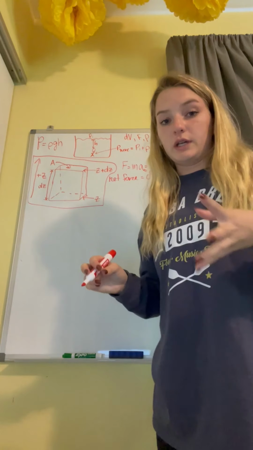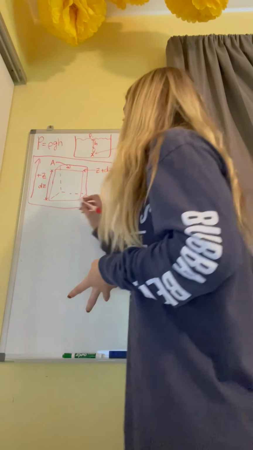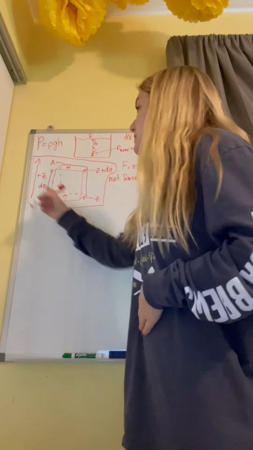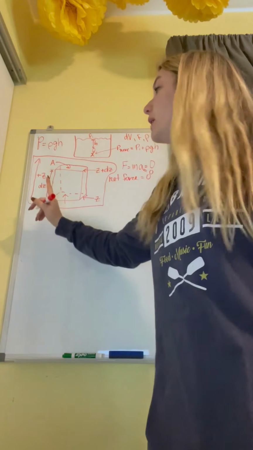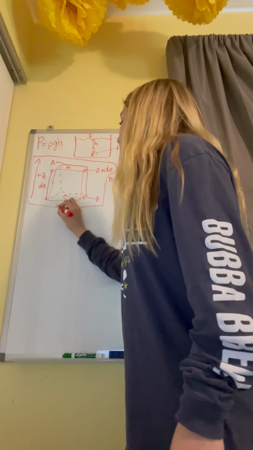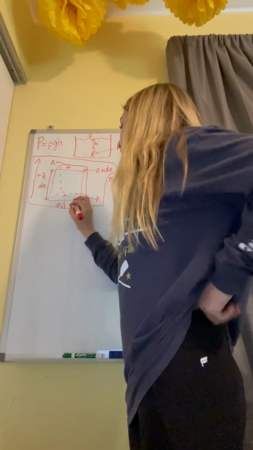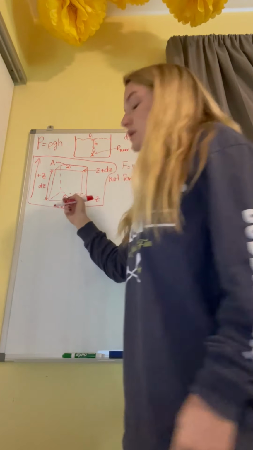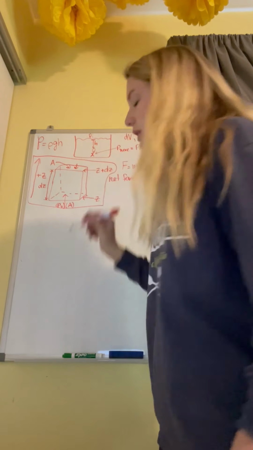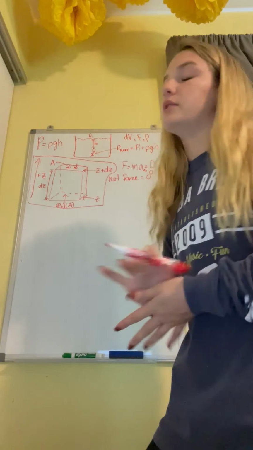So now we can look at the forces that are applied on our cube. We're going to have our force down here pointing upward, and since we have the z direction, or the positive z direction going upward, this force is going to be positive. So it's going to be the pressure of Z times the area of this bottom surface. And we are also going to have a force up here that is pointing down on the cube.